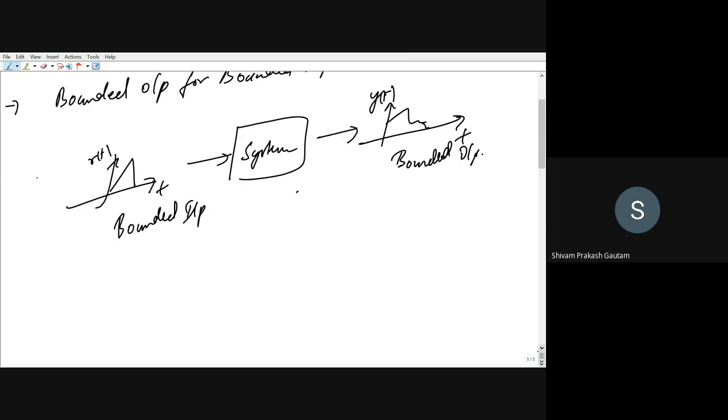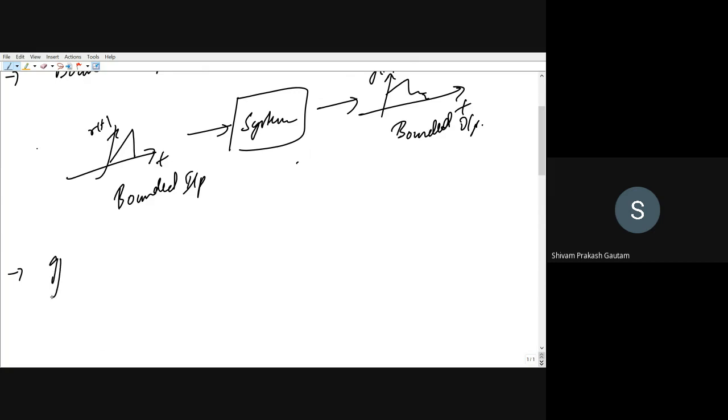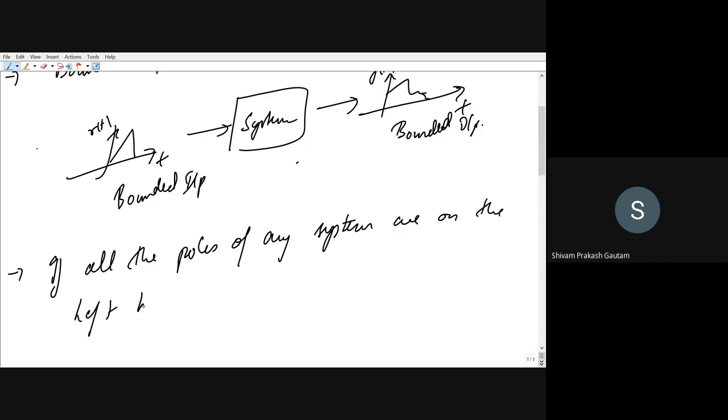Another definition for stability is that if all the poles of any system are on the left hand side of the S-plane, then the system is said to be stable, right?